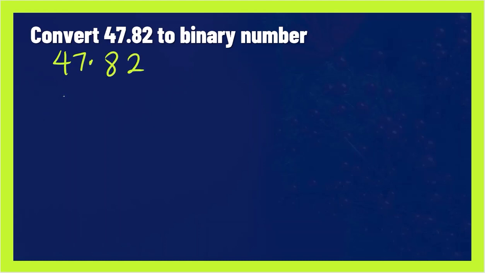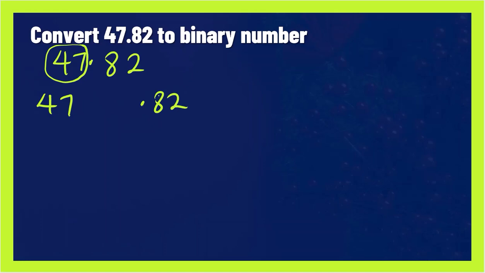47.82. The integer part is the digits, or the number you see before the decimal point, and this is it here, 4 and 7. That's the number you see before the decimal point. That is the integer part. So you split it apart to be 47. Then the fractional part is going to be 0.82.